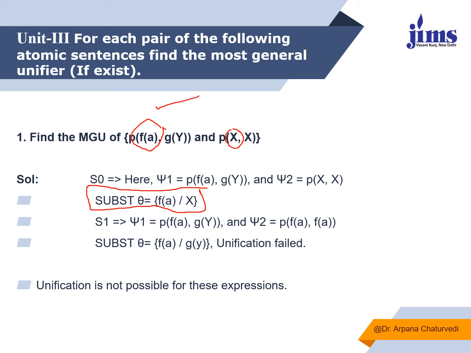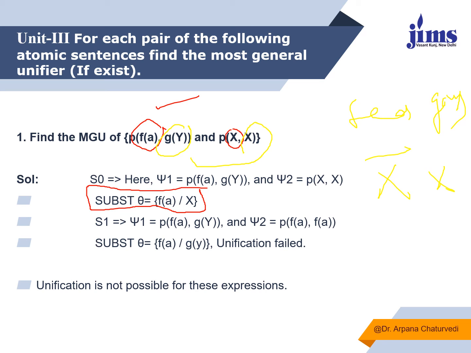Now come to the second. If we see over here, this is g(y) and this is x. So can x be g(y) as well as f(a)? No. Once I am saying x is substituted by f(a), another time I can't say that x is substituted by g(y). So it is contradicting itself.